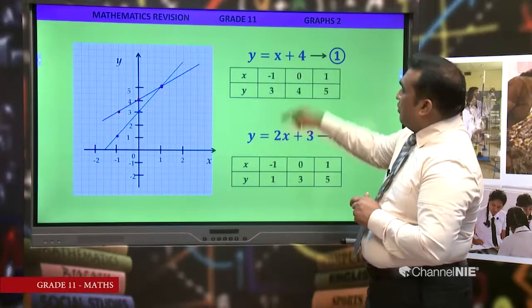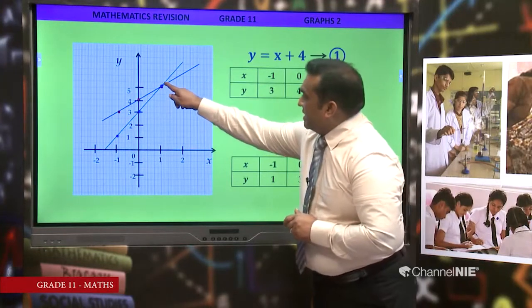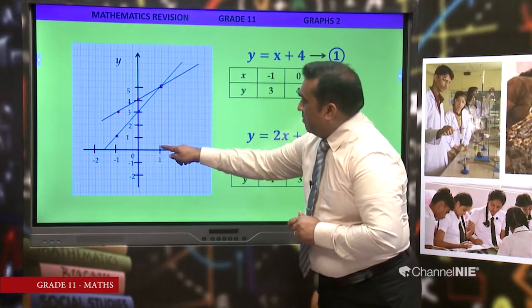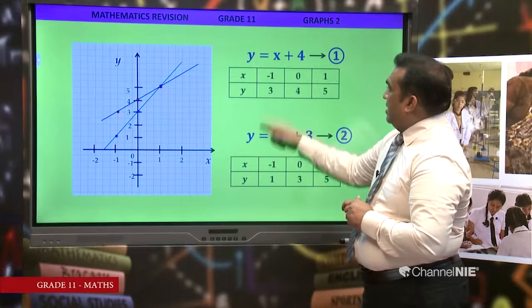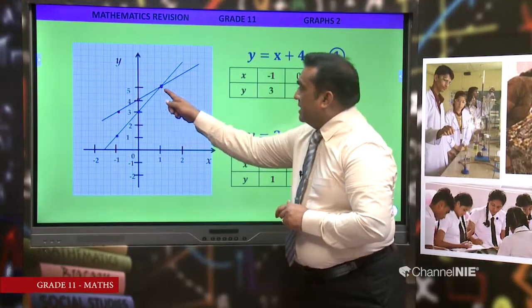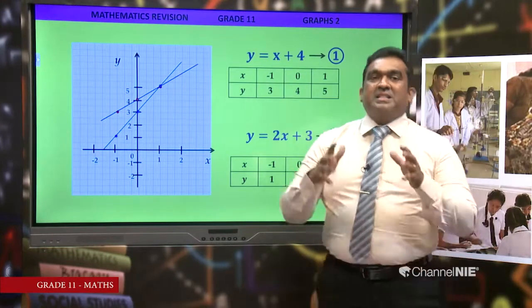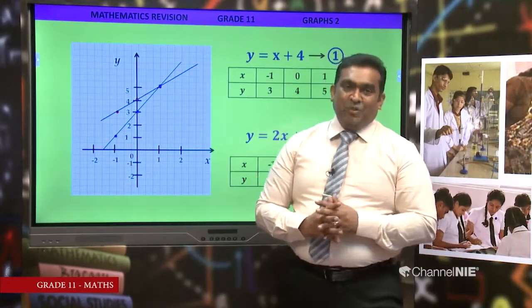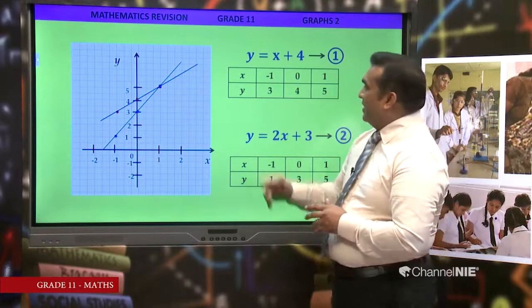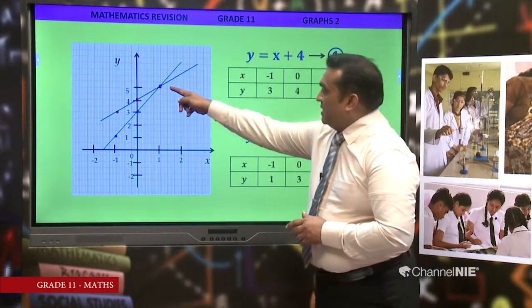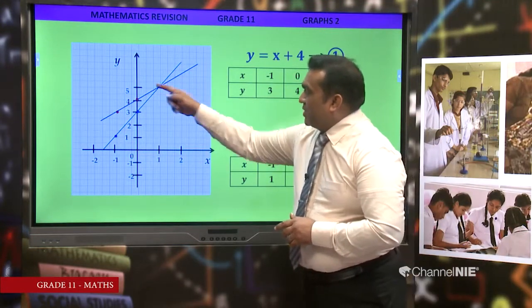Now, the solution of x is plus 1. The solution of y is plus 5. What is the solution set for x and y? X equals 1, y equals 5.